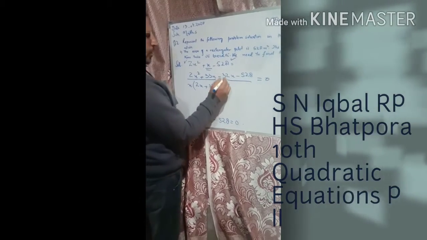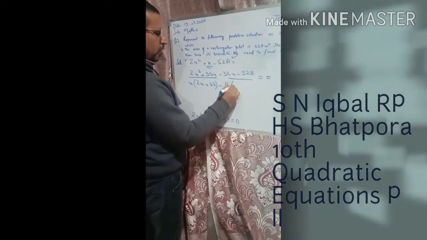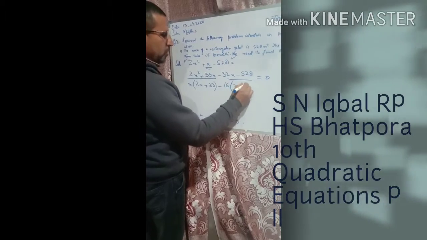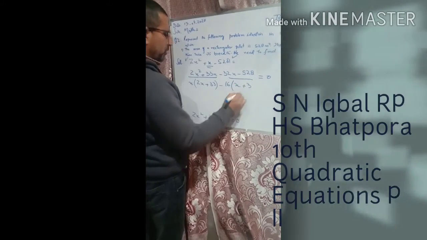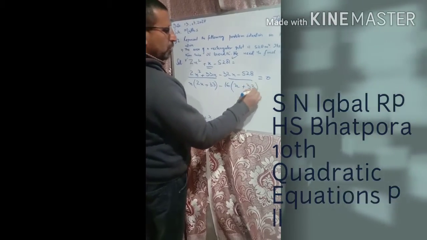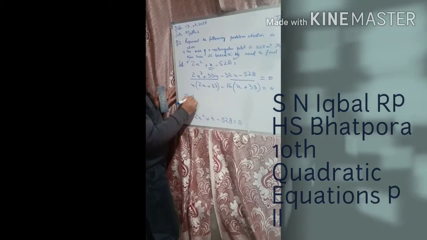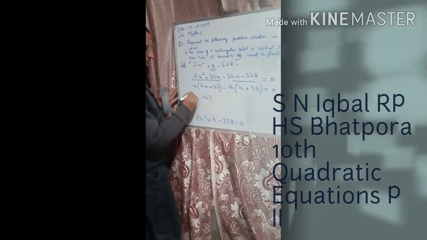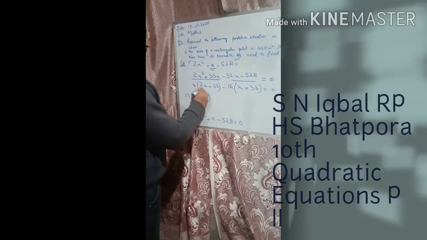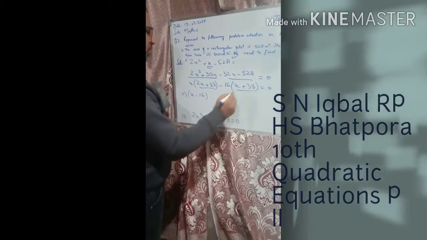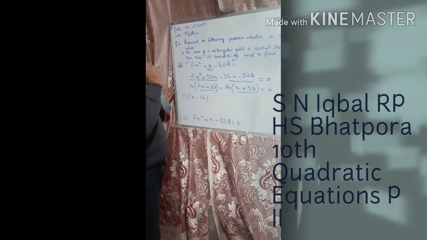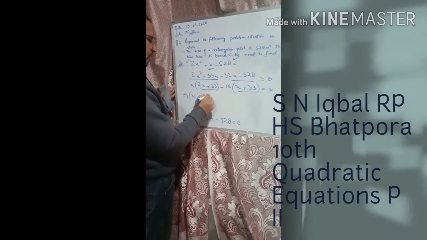Minus, we will take 16 as common, and there remains x plus 33, that would be equal to 0, which implies that x minus 16, and here again we see 2x plus 33 is common in both the terms, so we will take it as common.